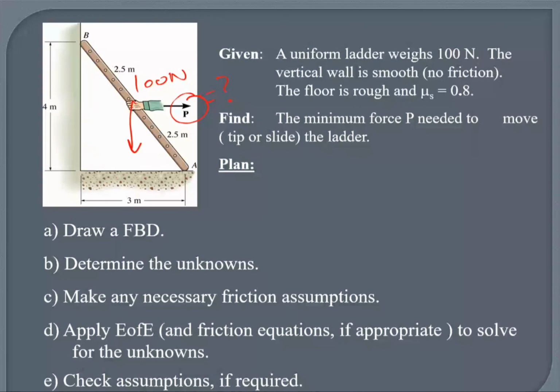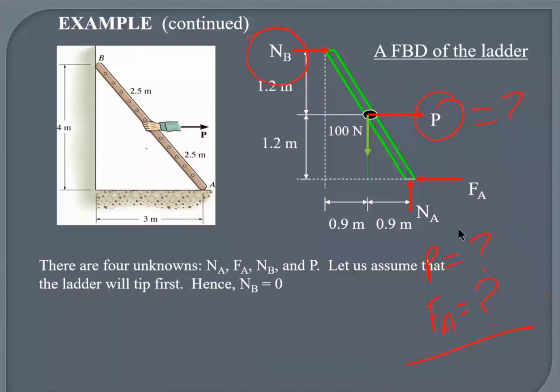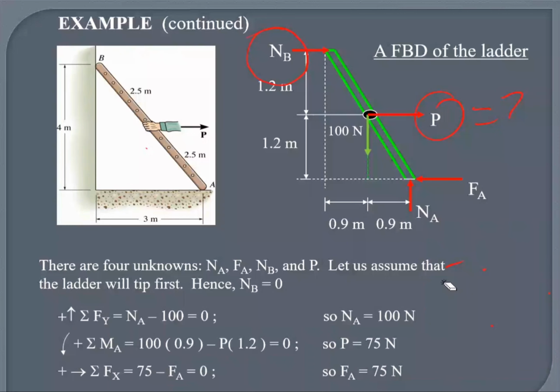Okay, so let us see what the values we are getting. So you're getting FA is 70. So what is the value of F mu SN? It's 80, 80 newtons.